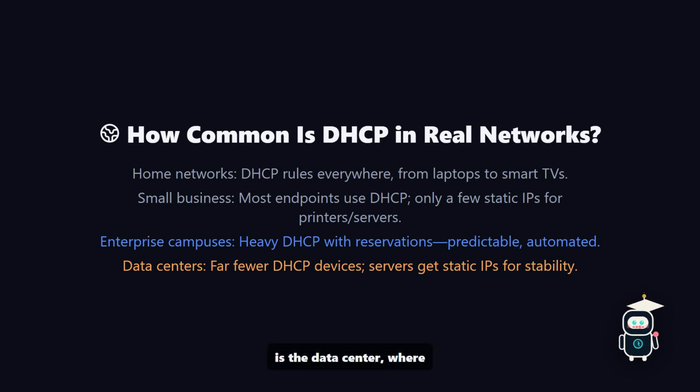The big drop is the data center, where only a minority of devices rely on DHCP. Most servers are assigned static IPs for firewall rules and long-term stability. So if you think a professional network is all static, the data says otherwise. DHCP, properly configured, is the professional way.